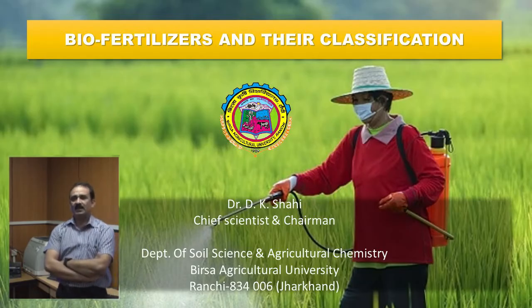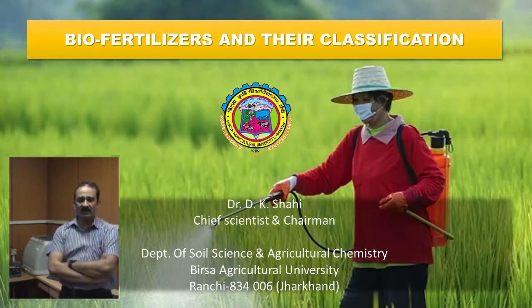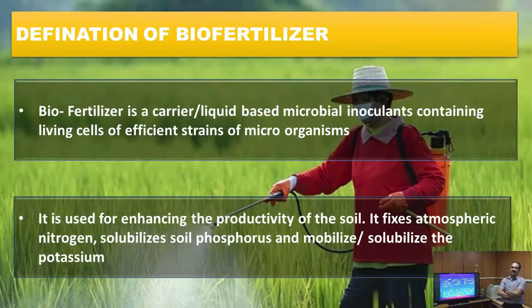As per the nomenclature, biofertilizer: bio means life, something that is alive, a living thing, and fertilizer is a plant nutrient. These are materials containing living cells of microorganisms which are capable of fixing atmospheric nitrogen.